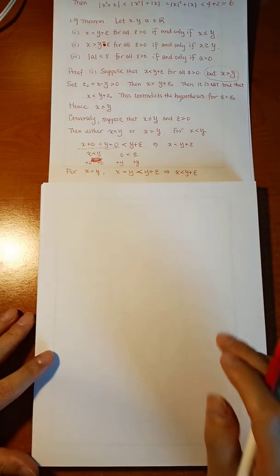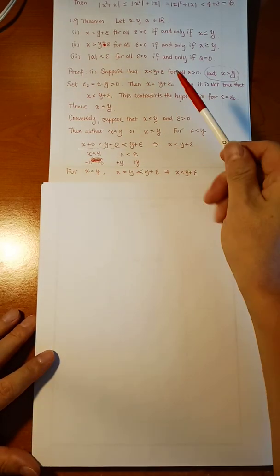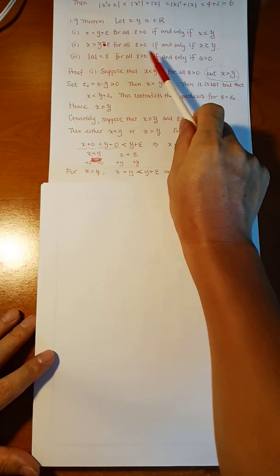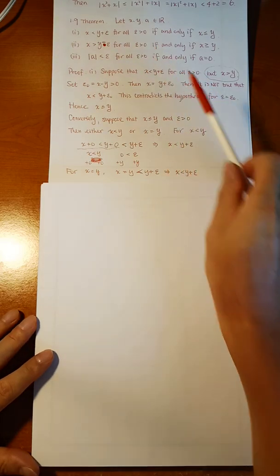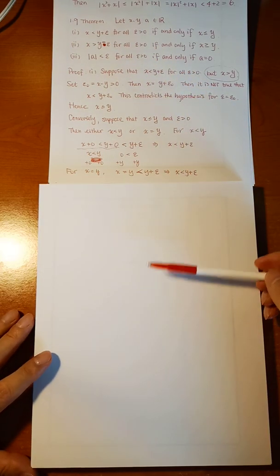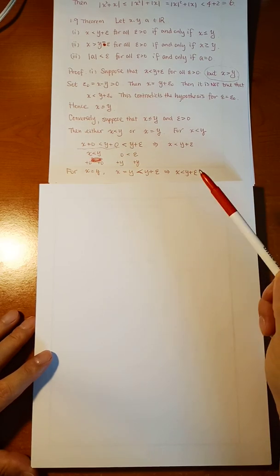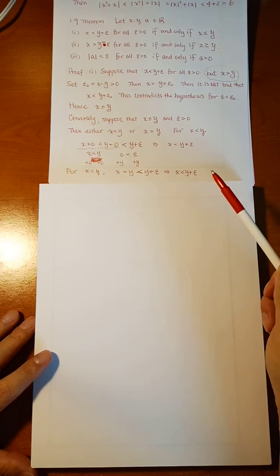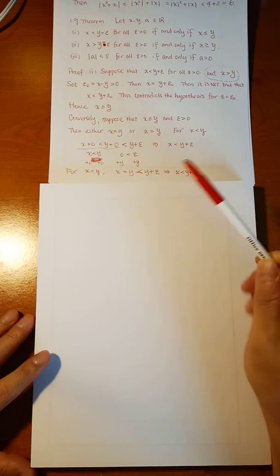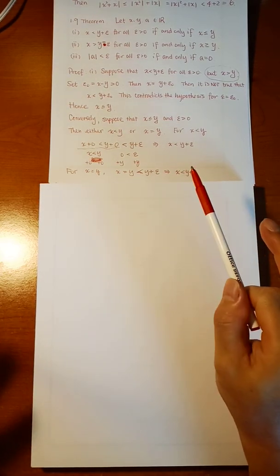Okay, so in the book, there are complete proofs for statement 2 and statement 3. So far, I'm not going to repeat them. They're very close to statement 1. But what I want is that you try to prove it by yourself without consulting the textbook.